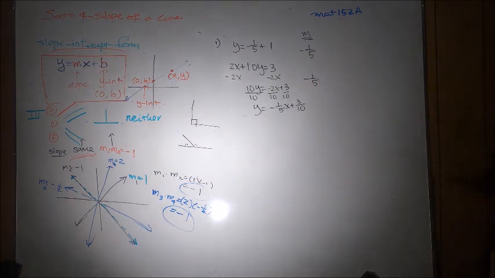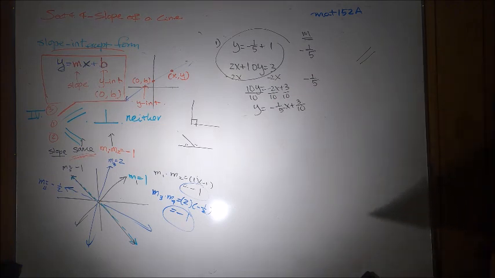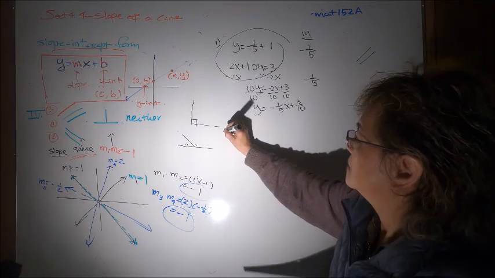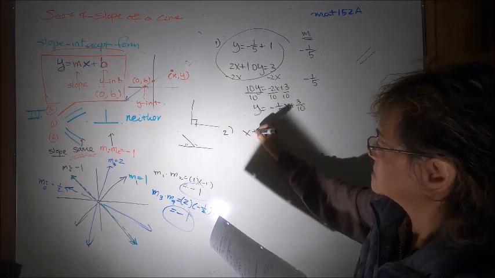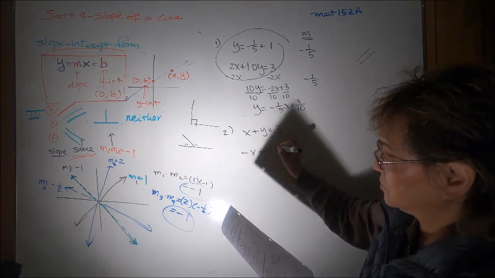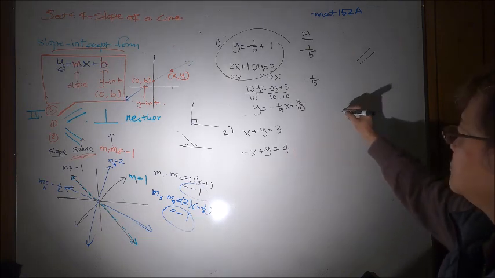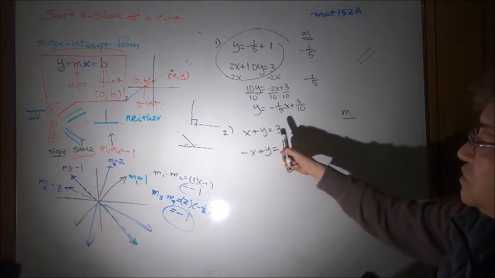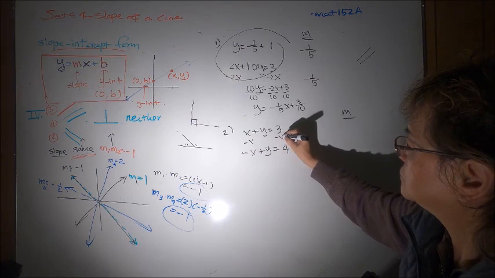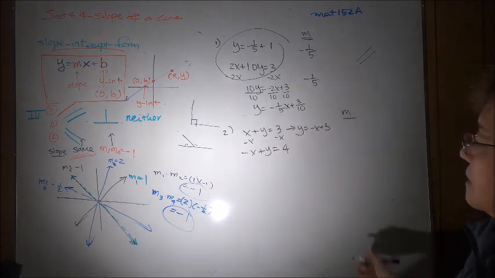So what do you think? These two lines will be what? Parallel, right? Let's look at the next one. x plus y equals 3. x plus y equals 4. So for the first one, what's your slope? Change the standard form to the slope-intercept form, right?